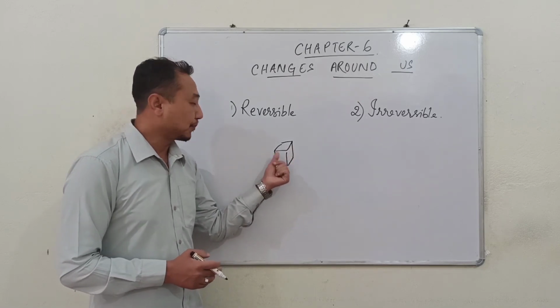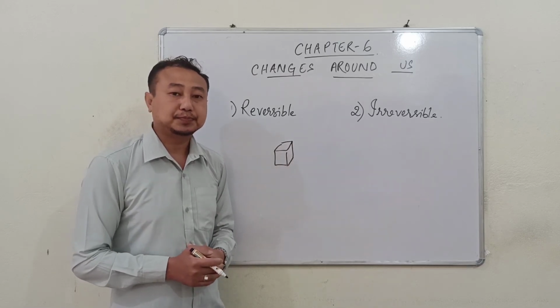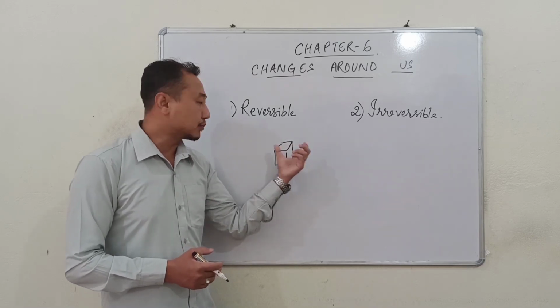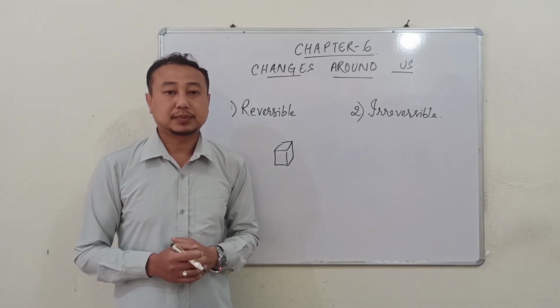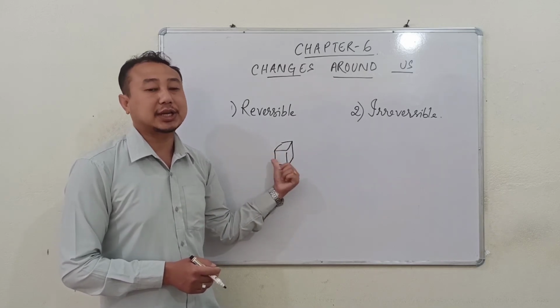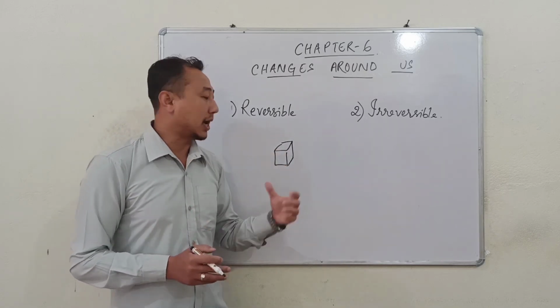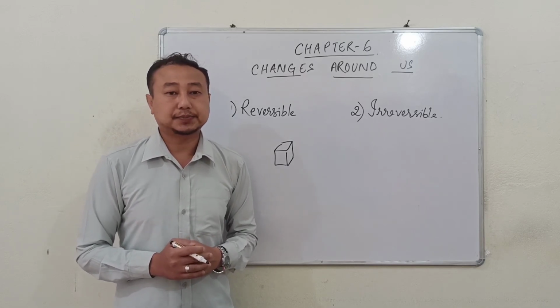So in this change, the solid form of ice changes to the liquid form of water. The same water can be brought back to the form of ice if we reduce the temperature. So here also, the change is taking place and that change can be reversed. Because of that, the melting of ice can be considered a reversible change.